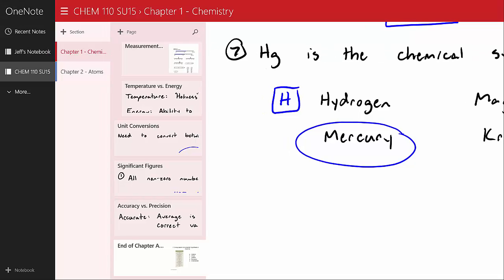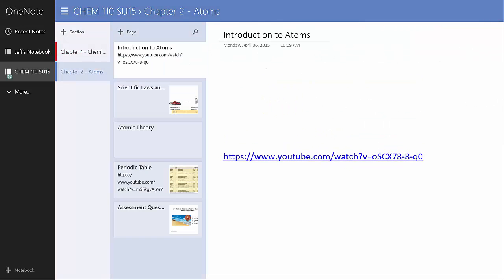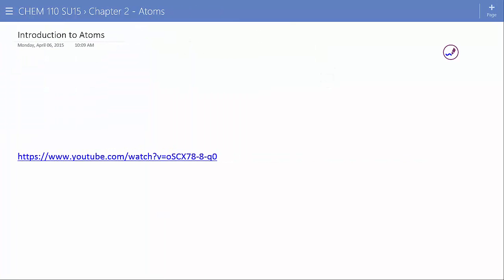All right, let's switch to talking about atoms in the periodic table now. And this is chapter 2. So let's do our lead-in question of what is an atom?